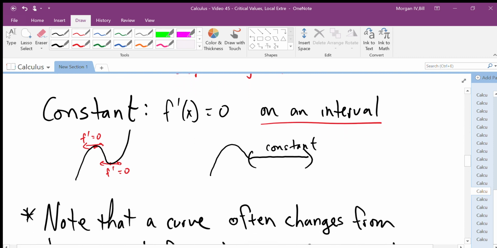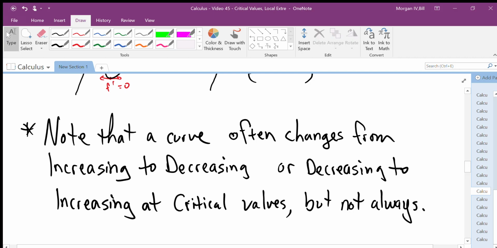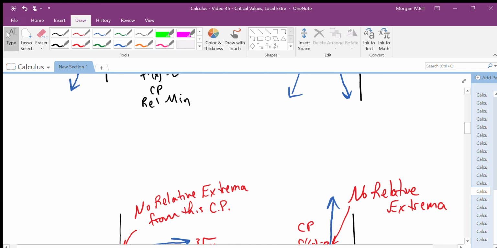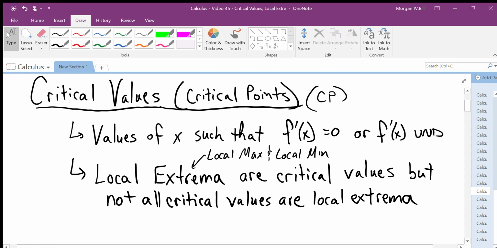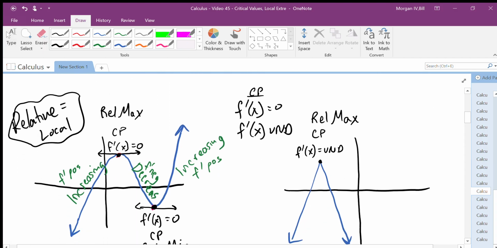All right. I said this earlier. Same idea. Note that a curve often changes from increasing to decreasing or decreasing to increasing at critical values, but not always. Honestly, that's saying the exact same thing I said up here when I said that local extrema are critical values, but not all critical values are local extrema. We can explain this by the picture.